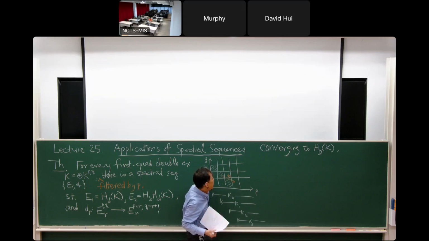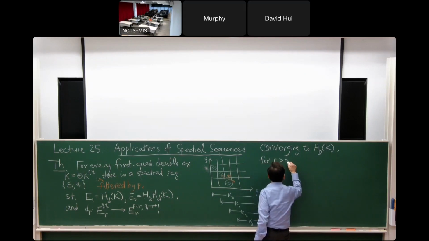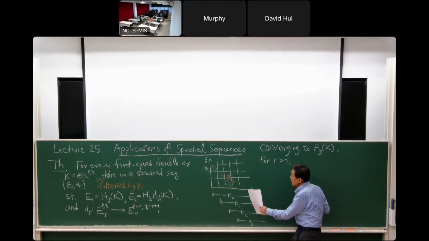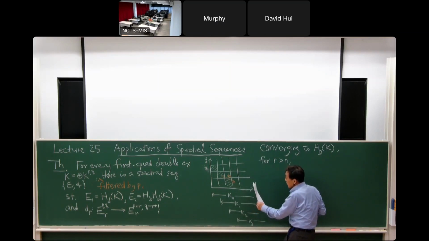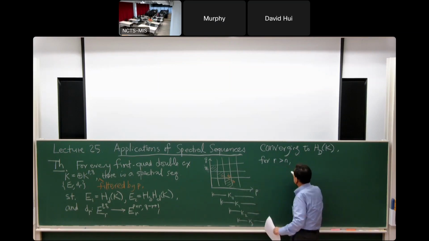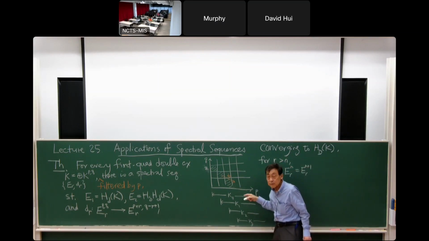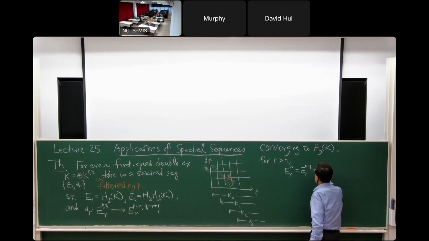All right, so for r greater than n, the filtration in that degree is 0, and so E_r^n is equal to E_{r+1}^n, because all the differentials will become 0, and equal to E_{r+2}^n, and so on.